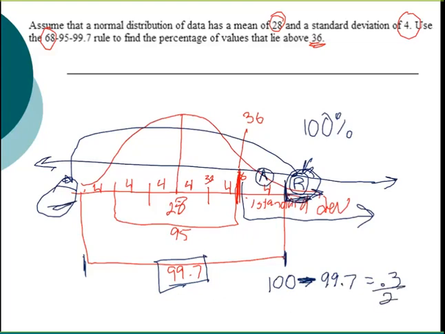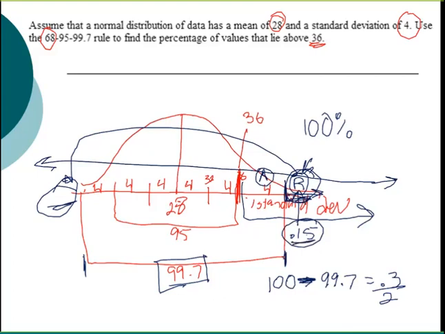And 0.3 divided by 2 should be 0.15. So that means this amount right here is 0.15. This is 0.15% of my data.